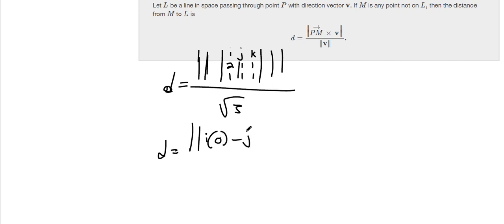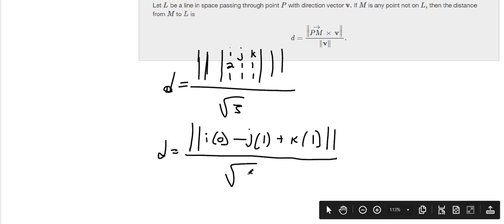And I need to subtract the j component, which is found by the determinant of the matrix made of these two columns. So it's 2 minus 1 makes 1. And then plus the k component, which is found by finding the determinant of this smaller matrix. That's 2 minus 1 makes 1. And that's all over the square root of 3.